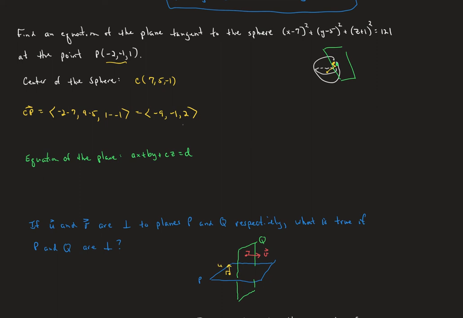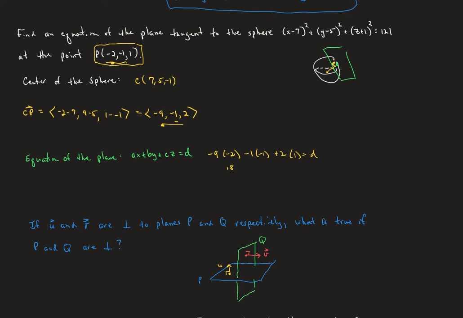Now we know that a radius drawn to a sphere is perpendicular. So this is going to be our normal vector to the plane, and the point on the plane is going to be our P. And so we're going to go A is the negative 9, that's coming from our normal vector, times the negative 2, which is the x component of our point, and then minus 1 times the negative 1, and then plus 2 times the 1 will give us our d.